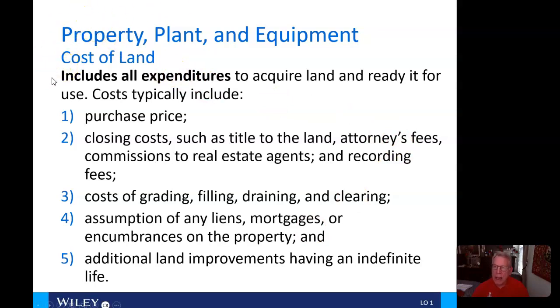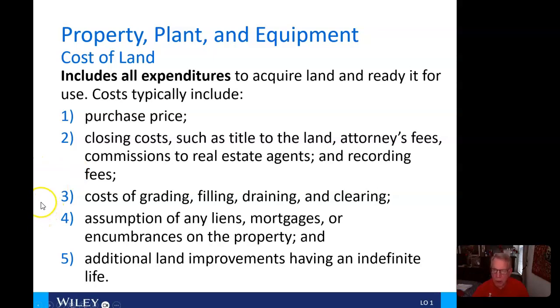All right, let's look at land. The cost of land includes a variety of different things to get the land ready for its intended use. Of course, 1, the purchase price. 2, closing costs, such as title to the land, attorney's fees, commission to real estate agents, and recording fees. Number 3, sometimes we have to grade, fill, drain, or clear that land.